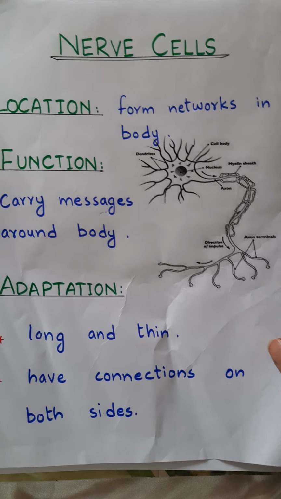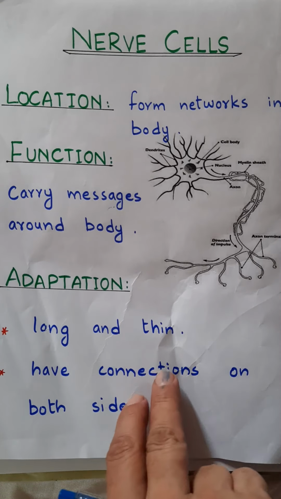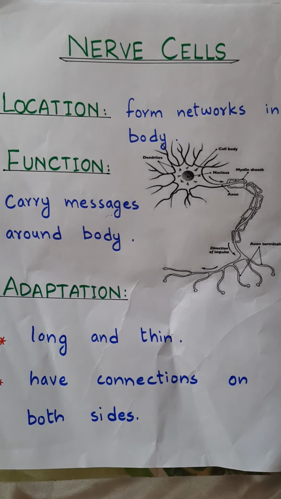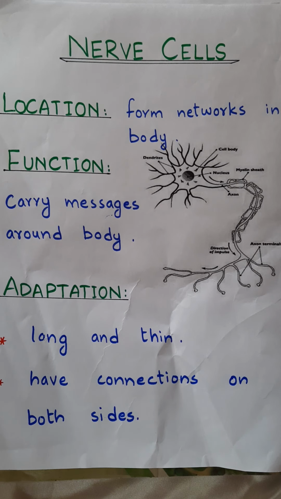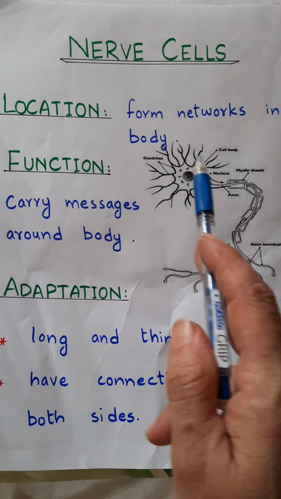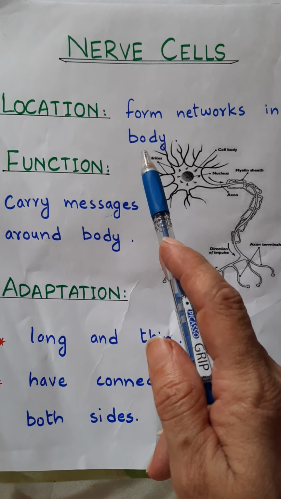Now it's the turn of the nerve cells. What are nerve cells? Nerve cells are specialized cells present in animals. Where are they found? They are found everywhere in your body. They form a network around your body. Why?